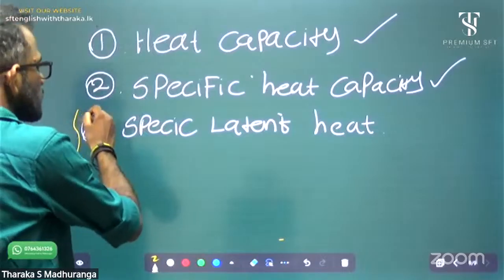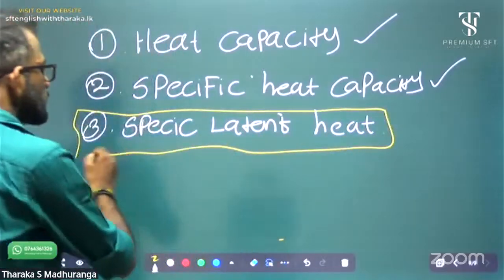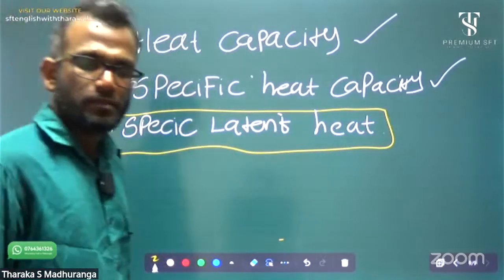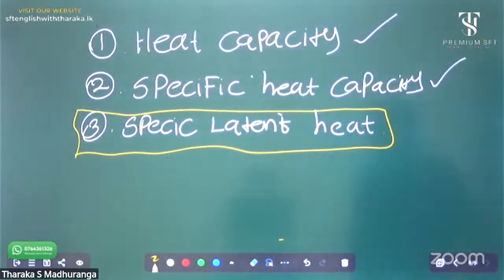Okay, do you remember the meaning of specific latent heat? What's the definition of specific latent heat? That's very important. Can anyone remember? Heat capacity and specific heat capacity are easy. The heat capacity means the amount of heat required to increase the temperature by 1 degree of the entire object.